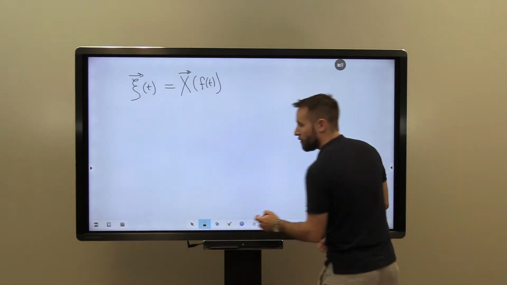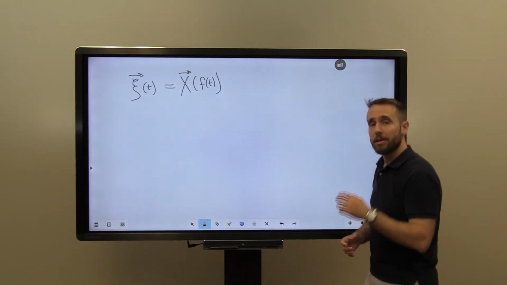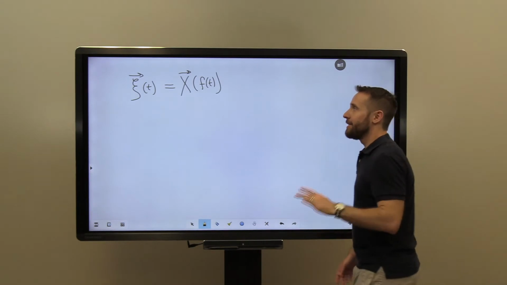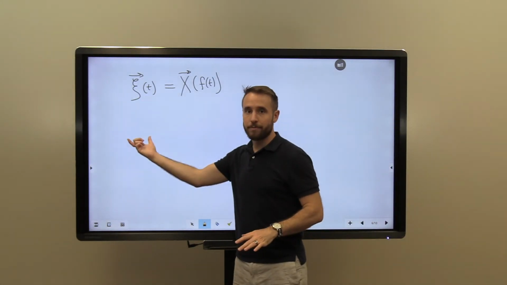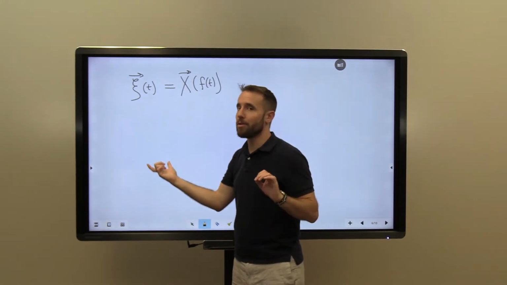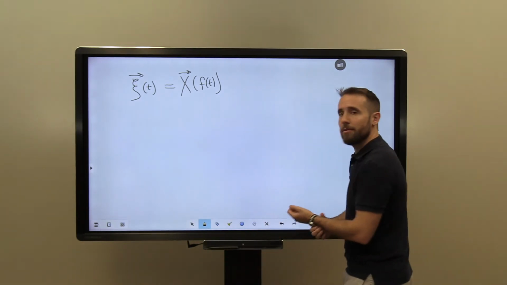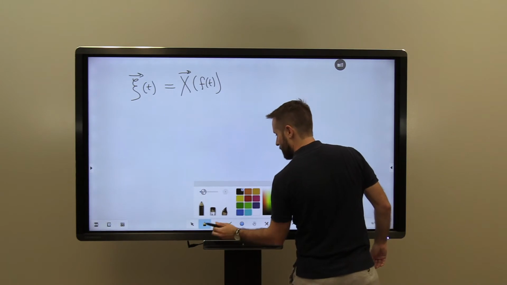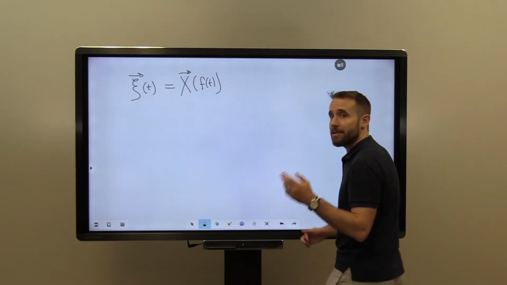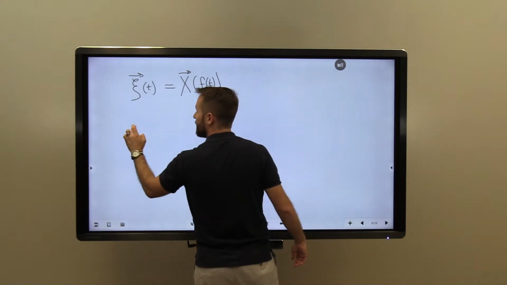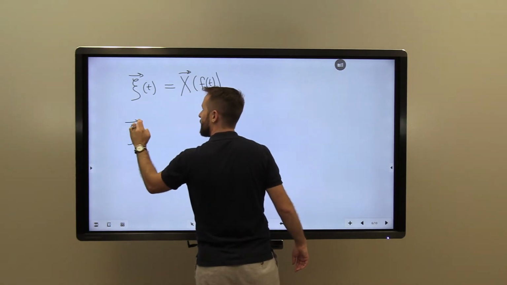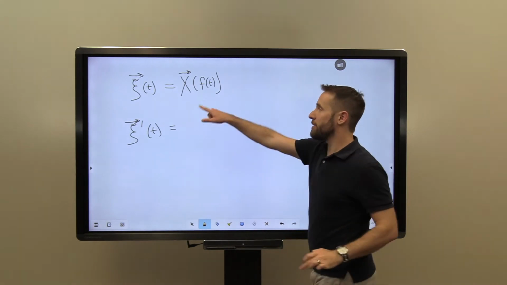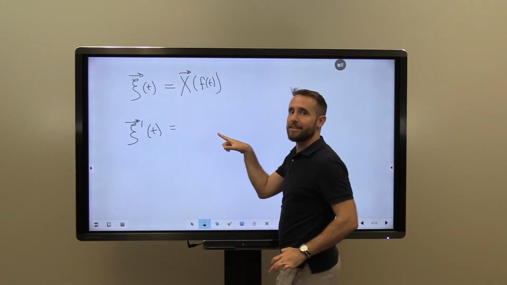All right. Well, let's compute. The way that we compute the unit tangent vector of xi is to take its derivative and then divide by the norm of its derivative. So let's do both of those steps. The first thing we have to do is take the derivative of this. So we would get xi prime, and to do that, we have to take the derivative of both sides of this equation.